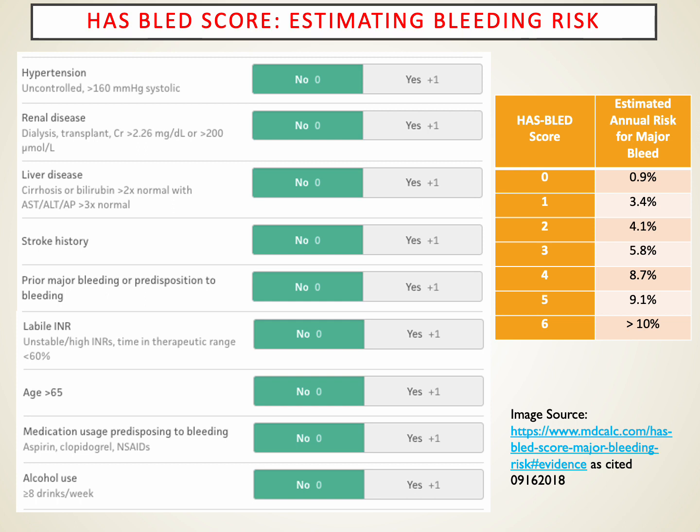Now, as with everything else in medicine, you weigh that risk of bleeding with an anticoagulant against the benefit of anticoagulation. And when we get to cardiovascular medicine, particularly in atrial fibrillation, there's a similar scoring tool called the CHAD score, or a variant of that, which looks at other factors that are going to be a risk for clots forming and a stroke for somebody with AFib if they weren't on anticoagulation.